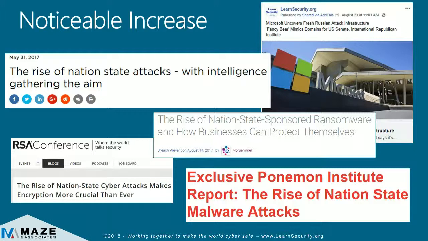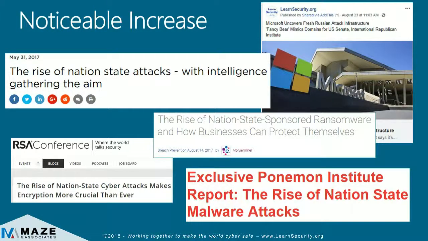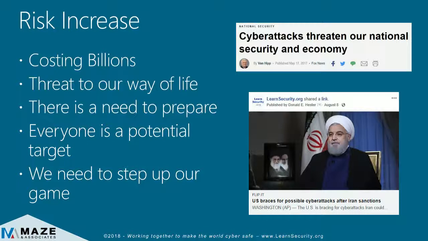Nations have been fighting since nations got set up, and they've been spying since there were secrets, and they just have a new tool: the internet, systems, all our information technology, and now they're going to start using those tools. Any tool can be used for good or bad, and sometimes technology gets used for bad. We're seeing this increase in nation states doing it, but it's been around for a while, and I just want you to recognize that it has been around.